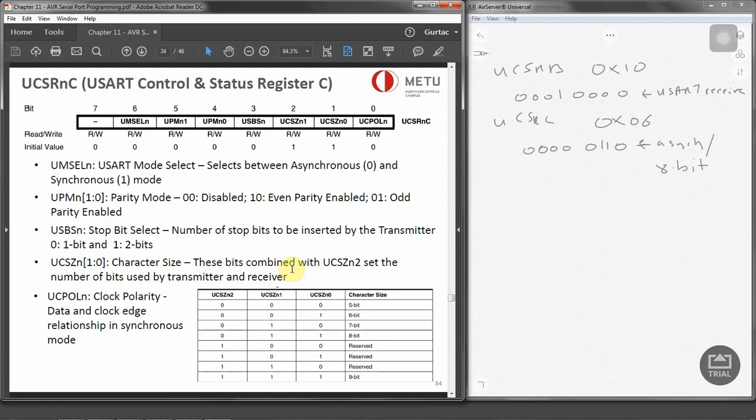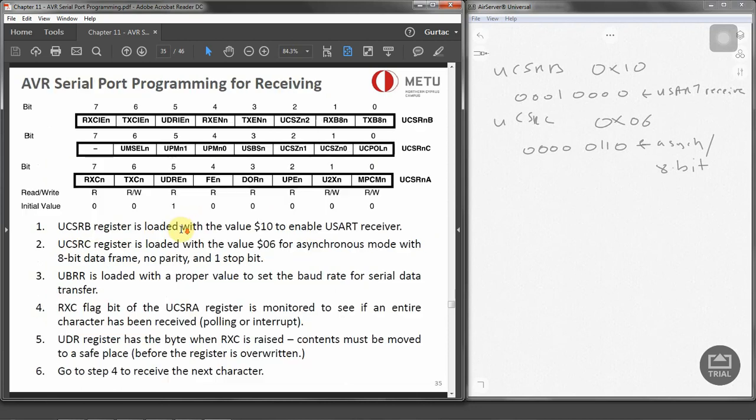If you look here, USBS is 0, UPM is 00, so no parity bit, nothing else, no parity, and one stop bit.